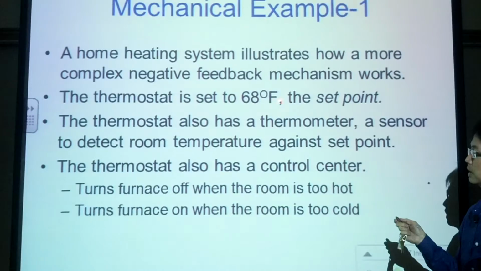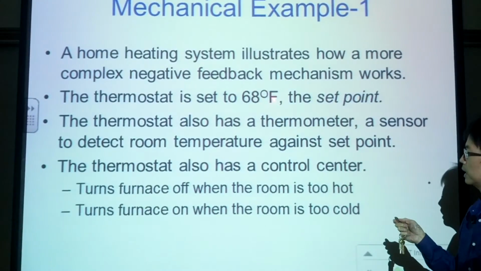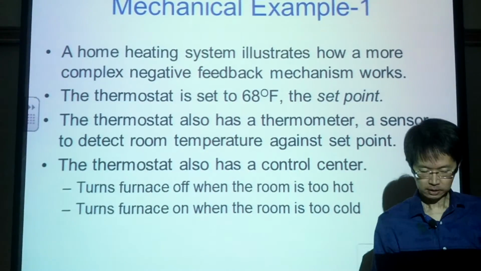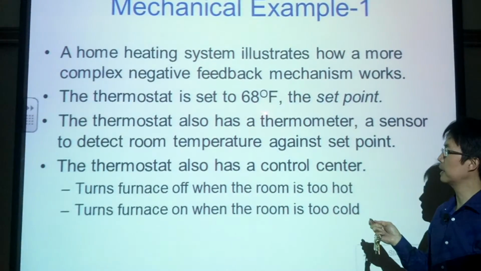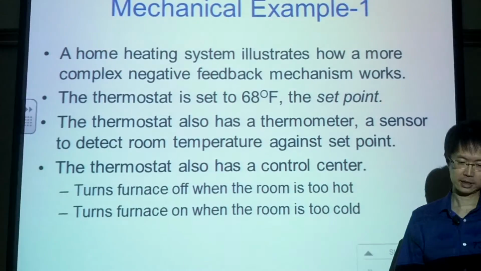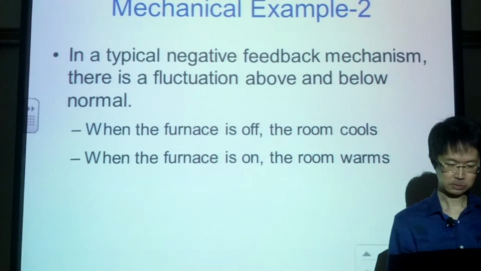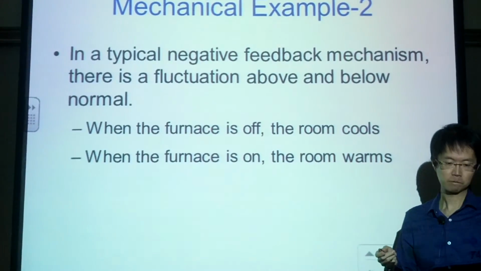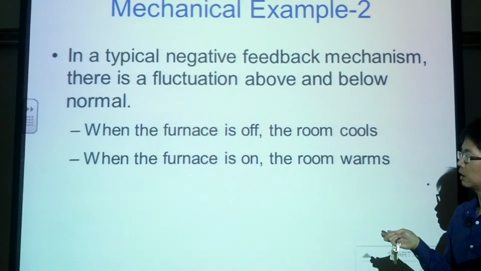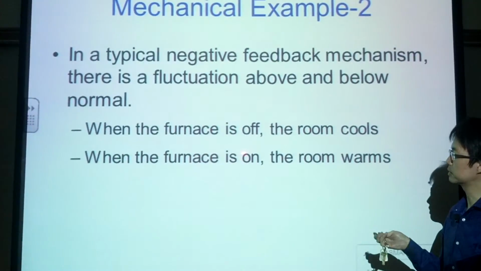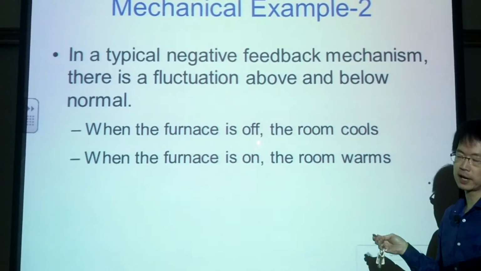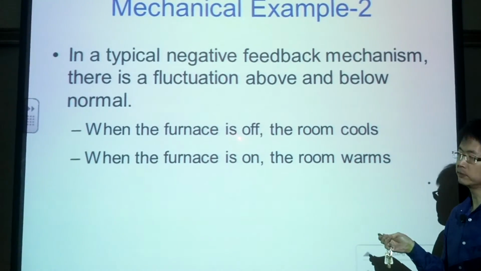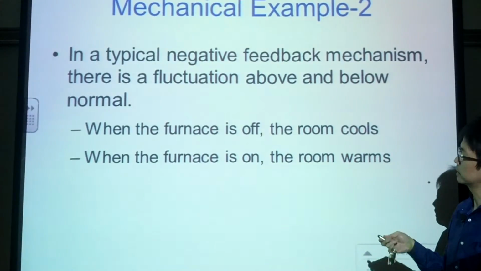In this case, we set it at 68 degrees Fahrenheit. Our body is set at 98 degrees Fahrenheit. So the reaction of the thermostat to the changes of the room temperature is an example of negative feedback.